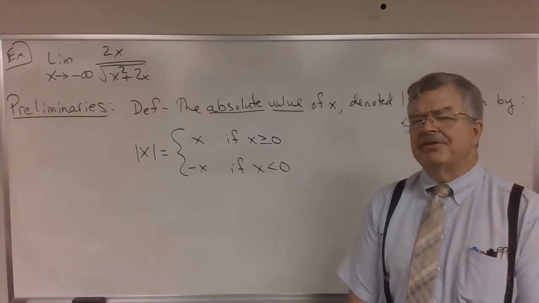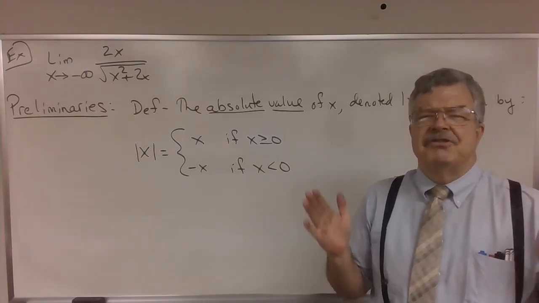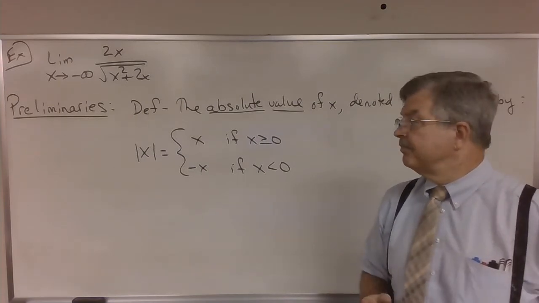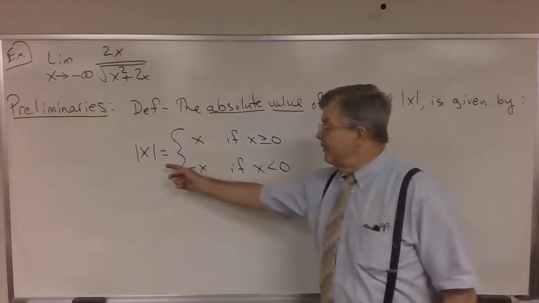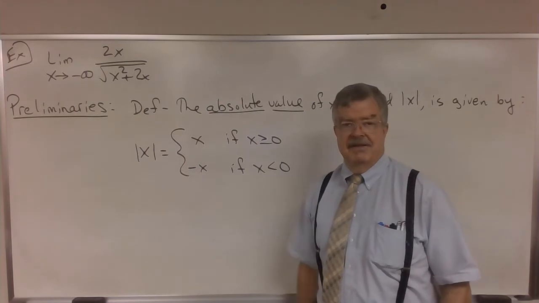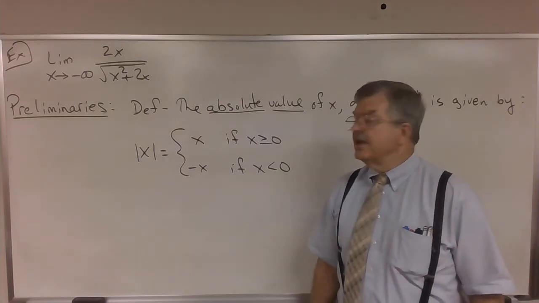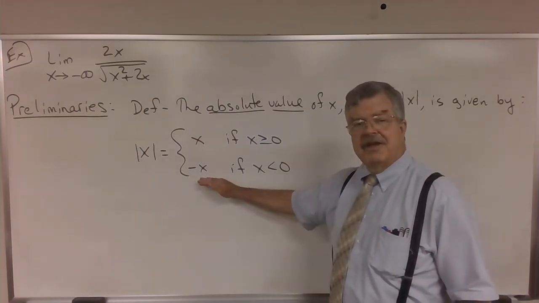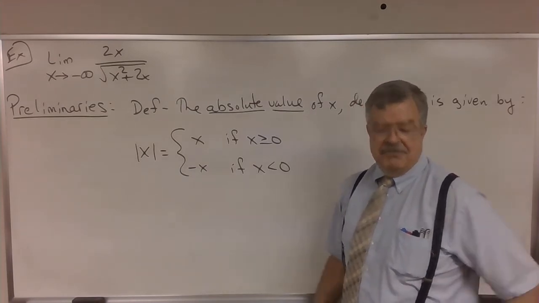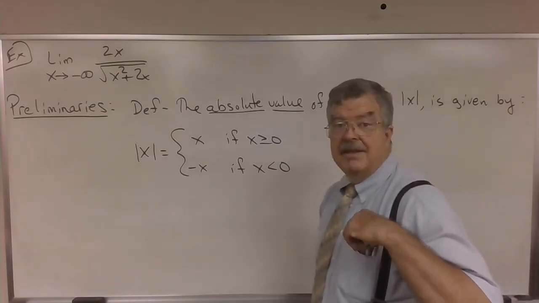We have the absolute value of something that isn't just a real number, and because of that, we have to have a definition like this. Now, let's put this to the test and just see if it works.